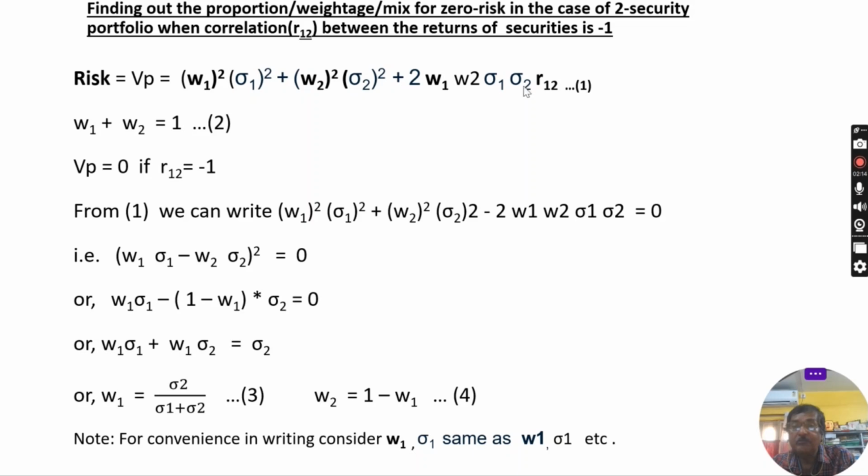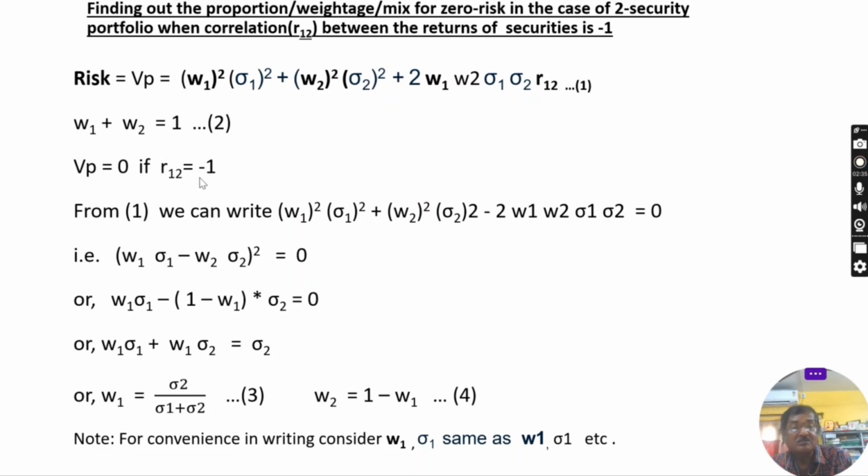So this is the formula for finding the risk for a two securities portfolio, where W1 plus W2 is equal to 1. Why? I have already discussed. So here is the special case where R12 is equal to -1.